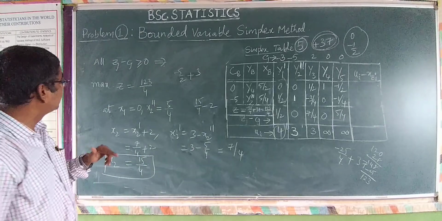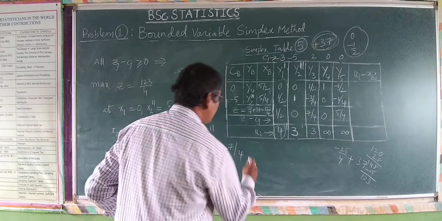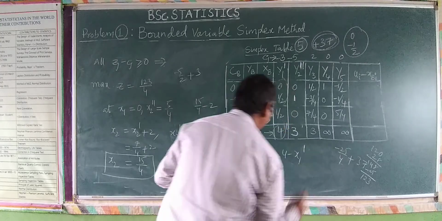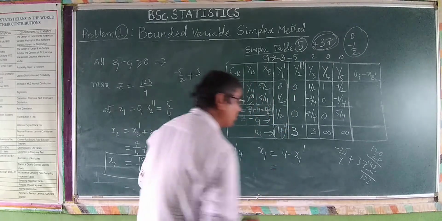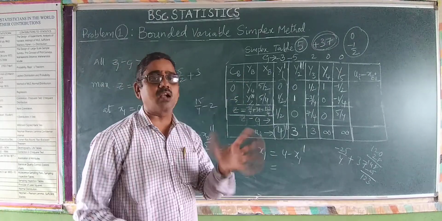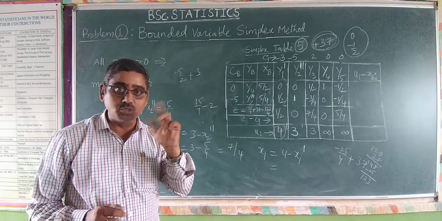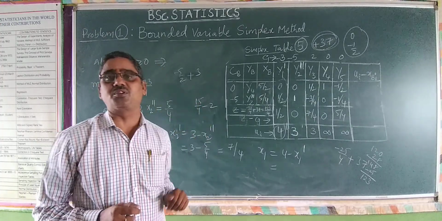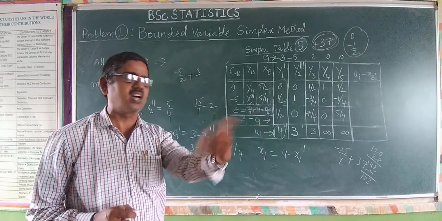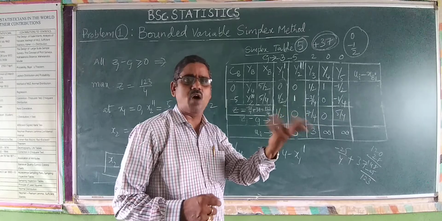Similarly, we have to calculate x1 dash, because x1 is equal to 4 minus x1 dash. We can also calculate the x1 value, but x1 is not in the table, so we don't have a value of x1 as we usually have in the simplex procedure. But here it may have some value because of the change of variable, because x1 dash may have some particular value.